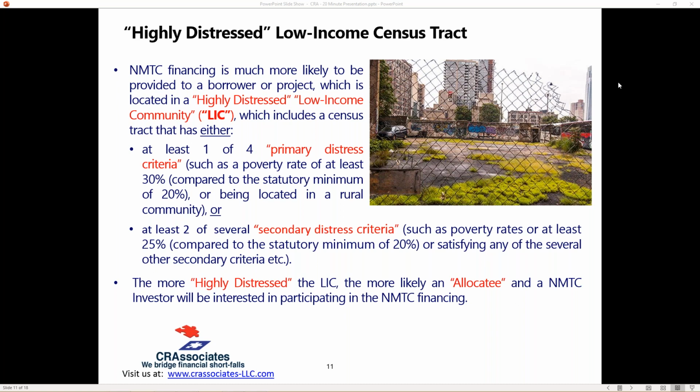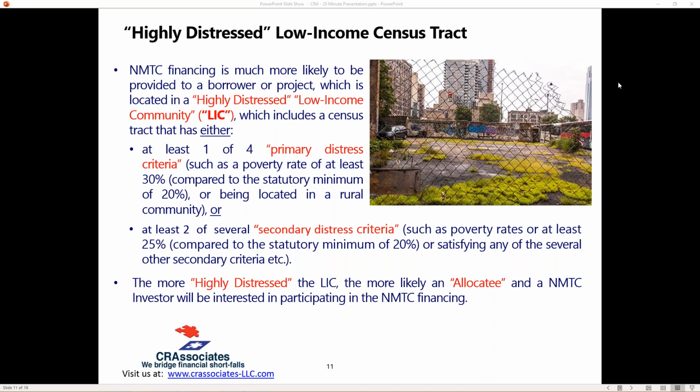Primary distress criteria include a poverty rate of at least 30% compared to the statutory minimum 20% that we just discussed, or being located in a rural community. The other two primary distress criteria include an unemployment rate that is 1.5 times the national average, or having median family income below 60% compared to the statutory minimum 80% median family income, as we just discussed.